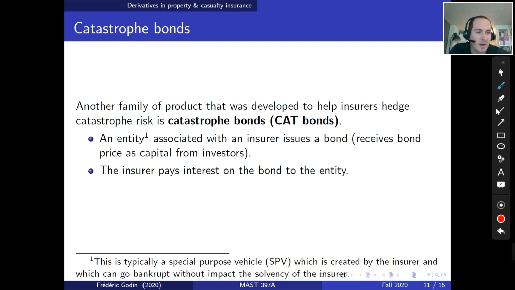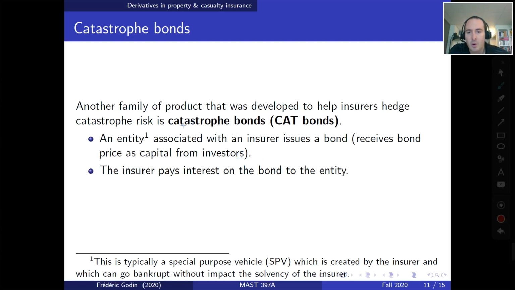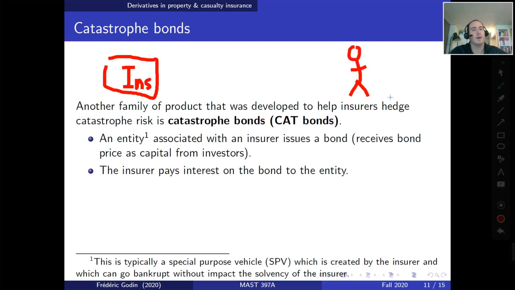Here I'll draw a picture to illustrate how it works. In the case of a cat bond deal, this is the insurance company, and these are investors. Typically, a separate entity or company is set up only for that deal.